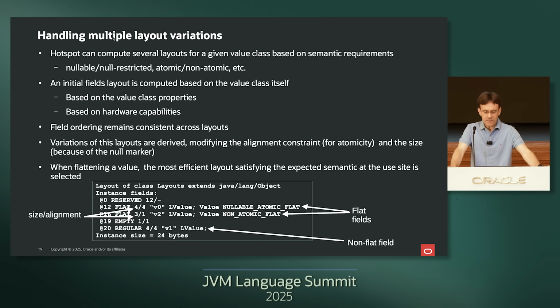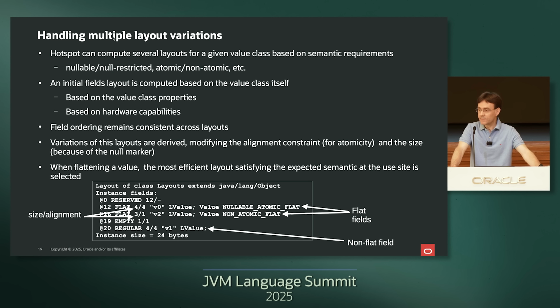Variations of this layout are derived by modifying the alignment constraints for atomicity and the size to take into account the optional null marker. When flattening a value, HotSpot will select the most efficient layout satisfying the expected semantic at the use site. At the bottom of this slide, you can see the dump of the layout of an identity class with 3 fields.